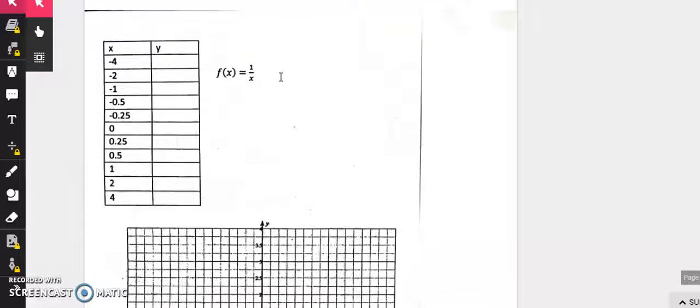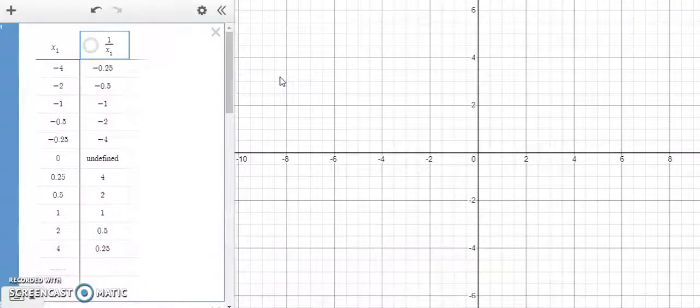So if we're looking at our notes, the first thing that it wants us to do is create a table of values and plot those points so that we can see kind of what the shape of this curve is going to look like. So what I've gone to is Desmos, put in a table, and I've went ahead and created that table.